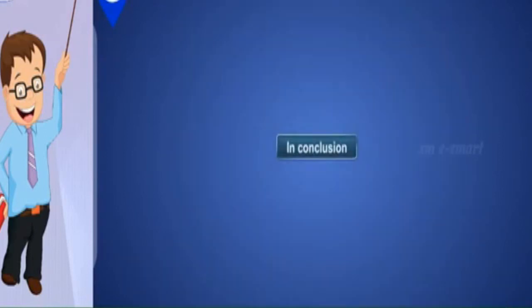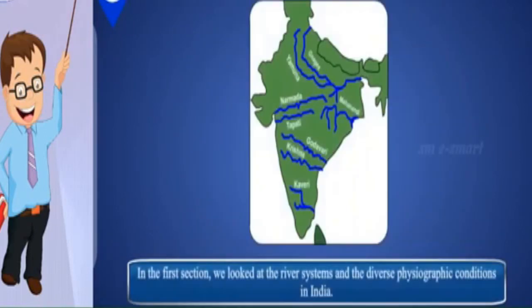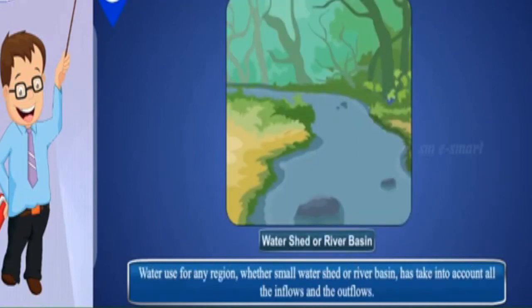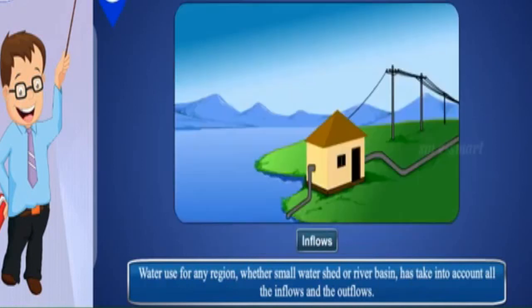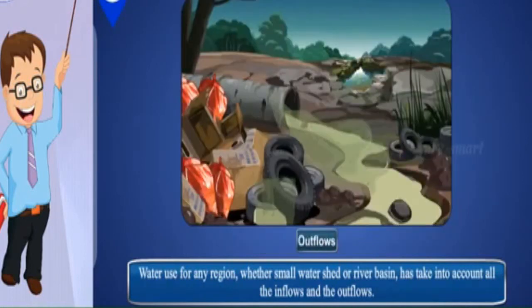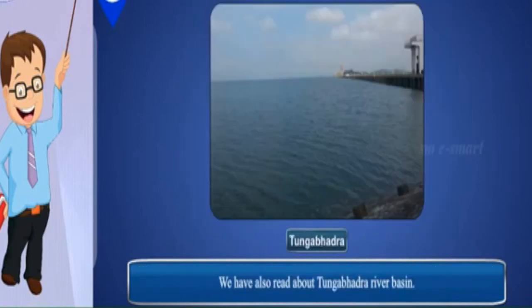In conclusion, in the first section, we looked at the river systems and the diverse physiographic conditions in India. Water use for any region, whether small watershed or river basin, has to take into account all the inflows and the outflows. We have also read about the Tungabhadra river basin.